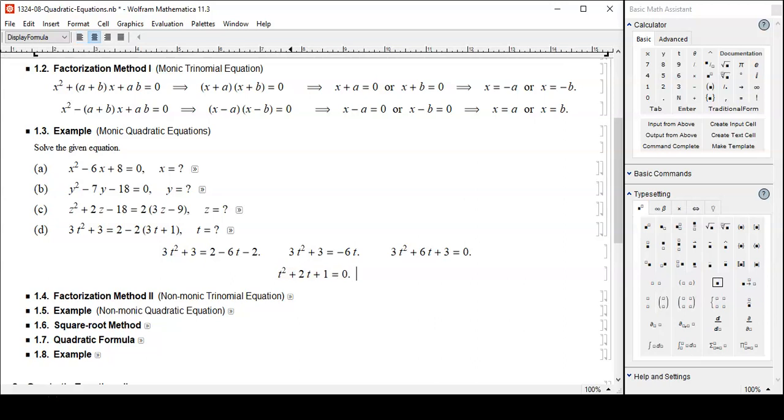And then what do we have? You're going to get t plus 1 times t plus 1 is equal to 0 if you factor it correctly. Or you can put those together as a complete square. T plus 1 squared is equal to 0. So we have a double root. T equals -1 in this case.